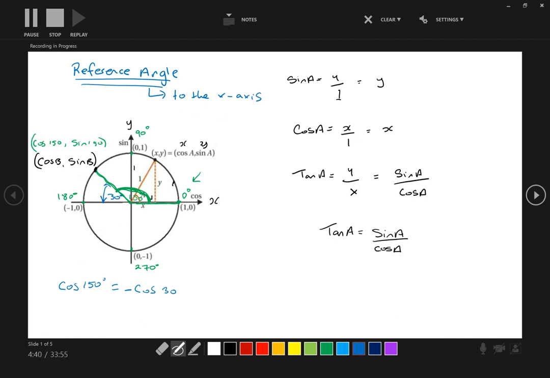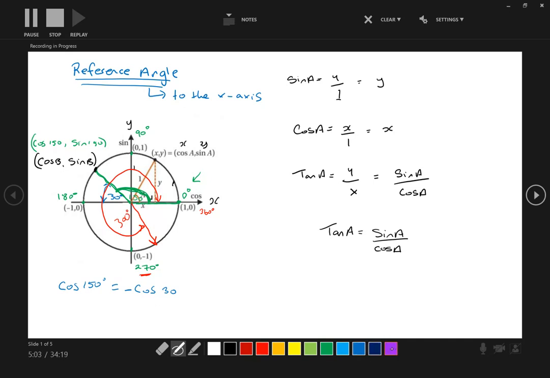I can choose any angle anywhere in this circle. So if I choose the angle 300, it is going to be in here. This is greater than 270, and this would be 360 the whole way around. So going from here all the way around to there would be 300 degrees.